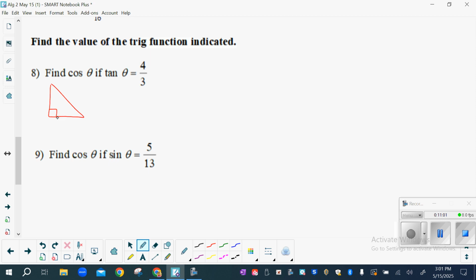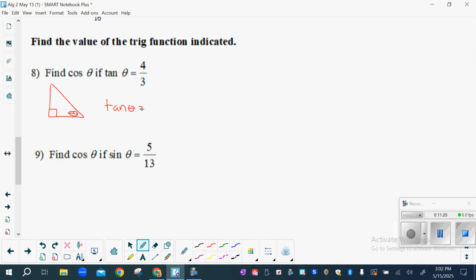It does not matter which of the acute angles is theta. So the acute angles would be here or here. Once we decide which one to put it in, then it matters. Or it doesn't matter, you could have labeled it here, or you could have labeled this other acute angle here.